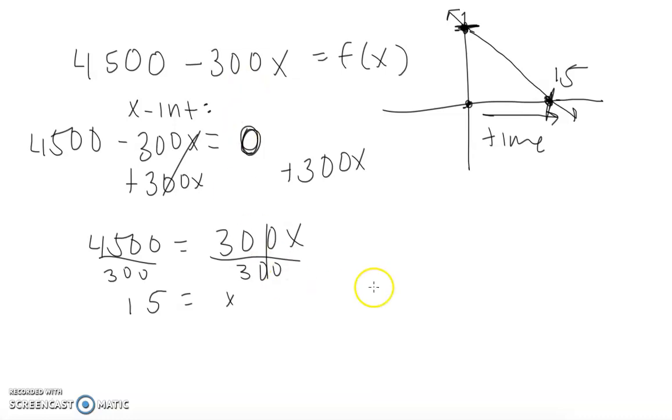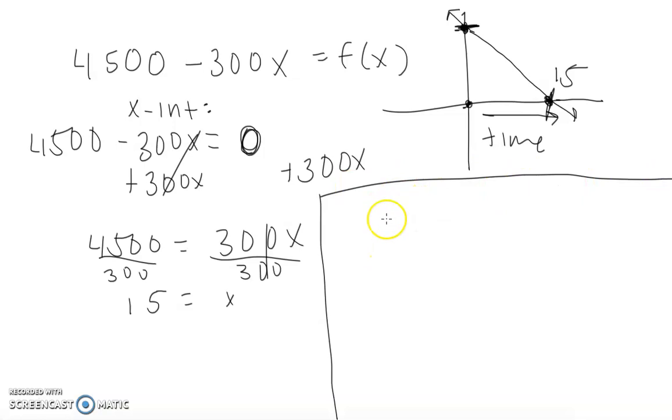Okay, now we are going to find the y-intercept. 4,500 minus 300 times 0 this time, because remember f of x is actually y. It's just called that because it's a function of x. And this is 0 because the y-intercept's opposite is the x, which is supposed to be 0.